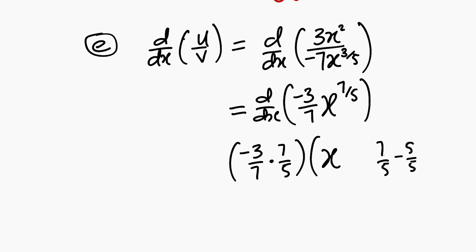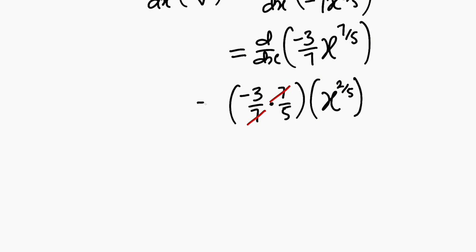So this is 2 over 5. From here, 7 will cancel 7. All we have left is negative 3 over 5 x to the power of 2 over 5. So this is the derivative of u divided by v.